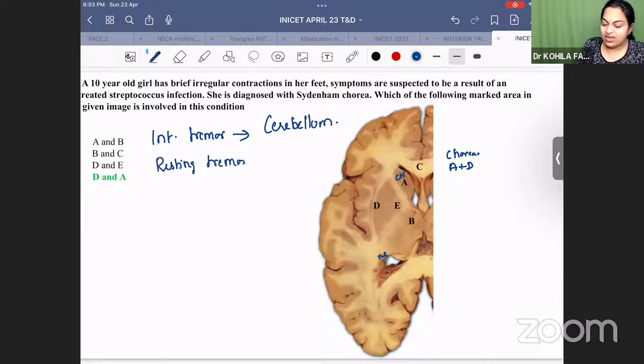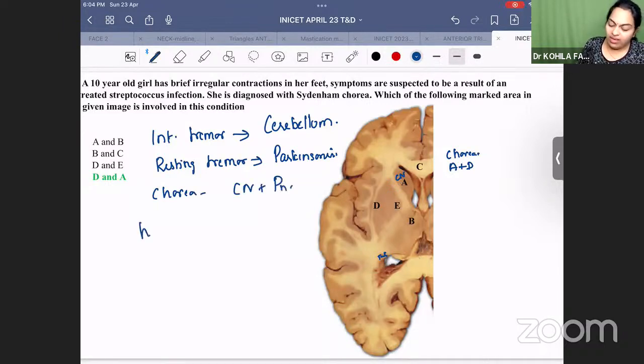Resting tremor is seen in Parkinsonism, right? Very good. So chorea involves the caudate nucleus and putamen. What about hemiballismus? That involves the trunk, right? The lesion is in the subthalamic nucleus. So these are the disorders and the lesions.